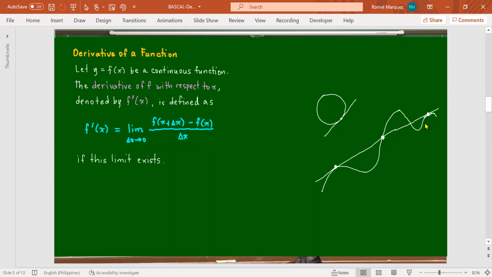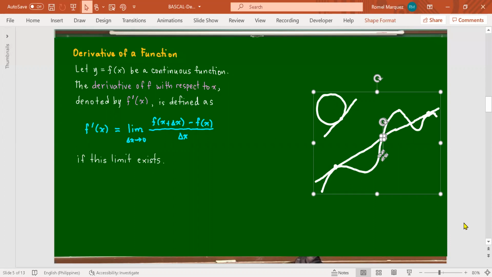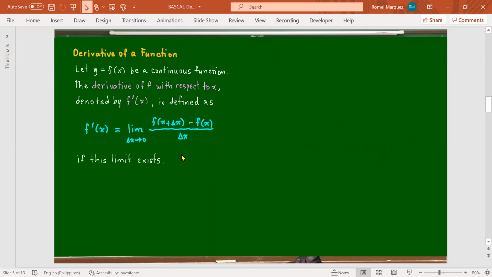See that? If I continue with the curve, again, it is just one line but tangent at 2 points. Okay, guys? So if you want to define the slope of the tangent line at a point on the curve, this is how you define it, precisely, using this limit.